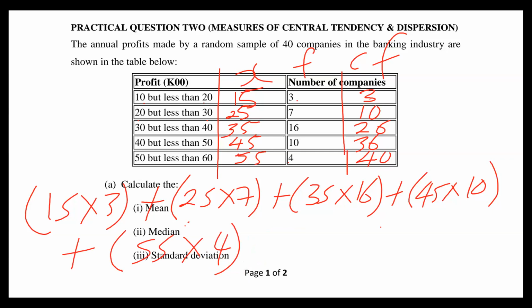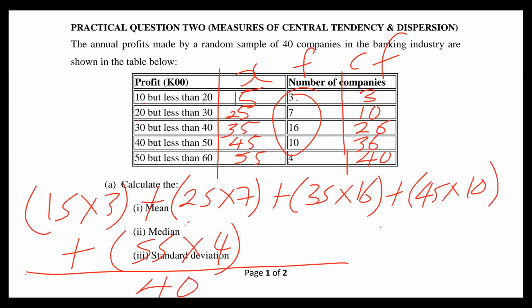Is that clear? Then you divide by the total frequency. The total frequency is summing up all these, adding them together. It should add up to 40. Just 3 plus 7 plus 16 plus 10 plus 4 should give us 40.